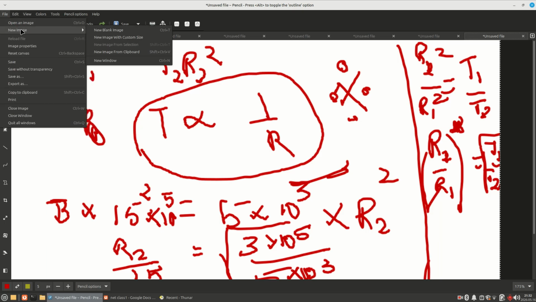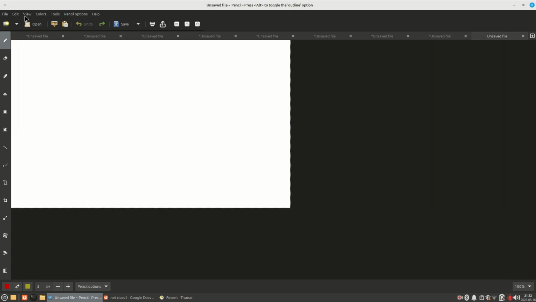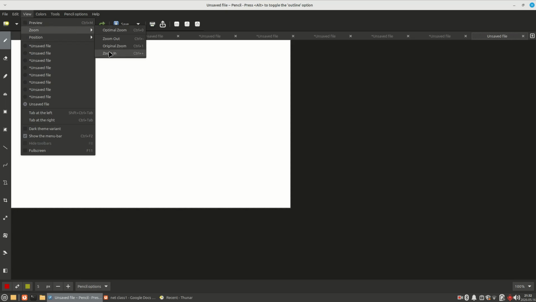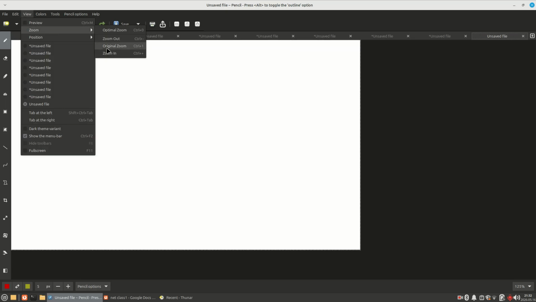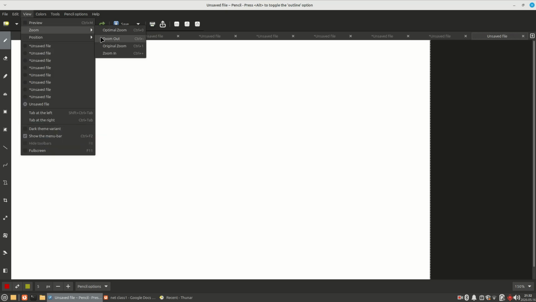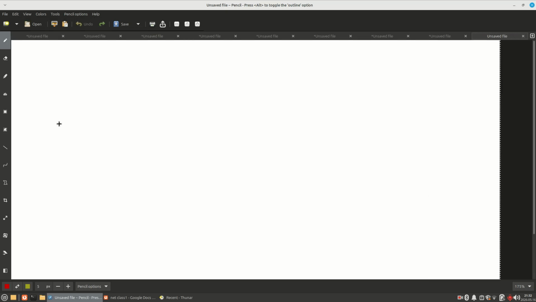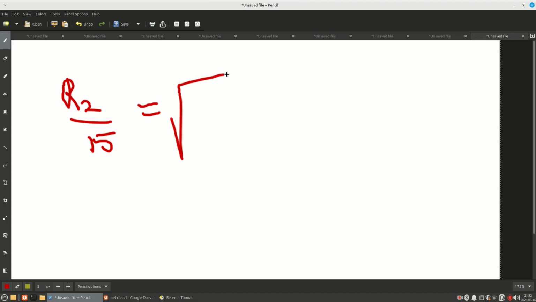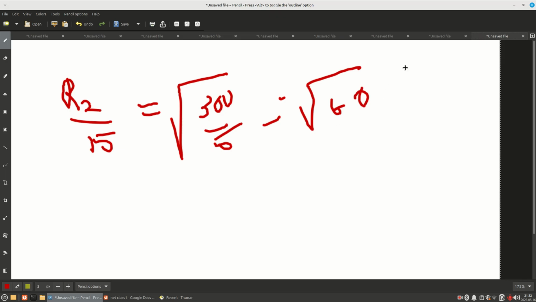Let me calculate this value once again, opening another screen and zooming in. Finally we get R2 divided by 15 equal to the square root of 300 by 5, which is the square root of 60. 60 is nearby 64, whose square root is 8.